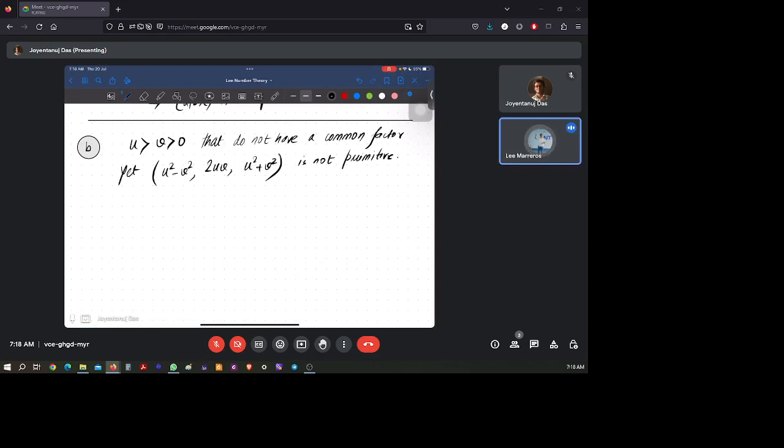Find an example of integers where the parent is not primitive.